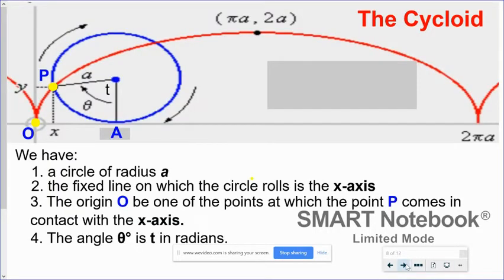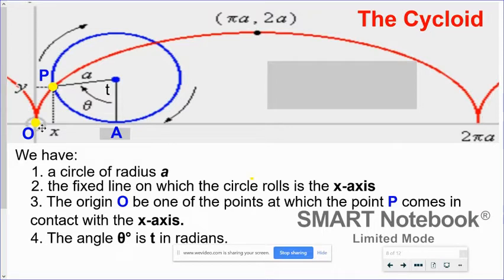All right. There is something that is known as a cycloid, and you may never have heard that before. Essentially, we have a circle with a radius of A. We are going to say that the circle is going to roll with no slippage along a fixed line, which we're going to choose to be the x-axis.